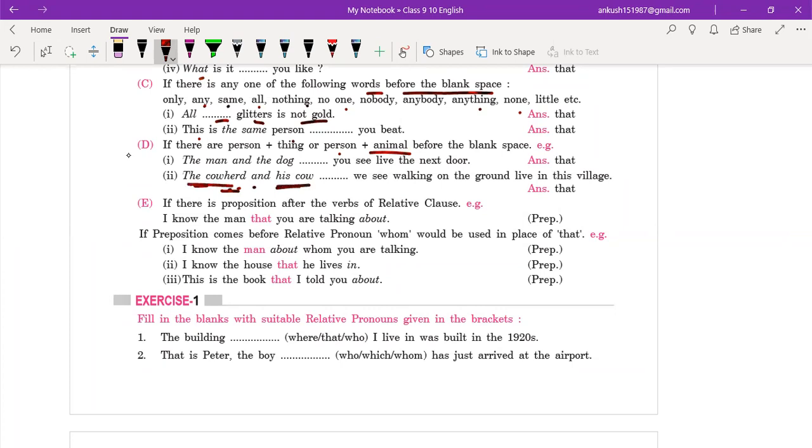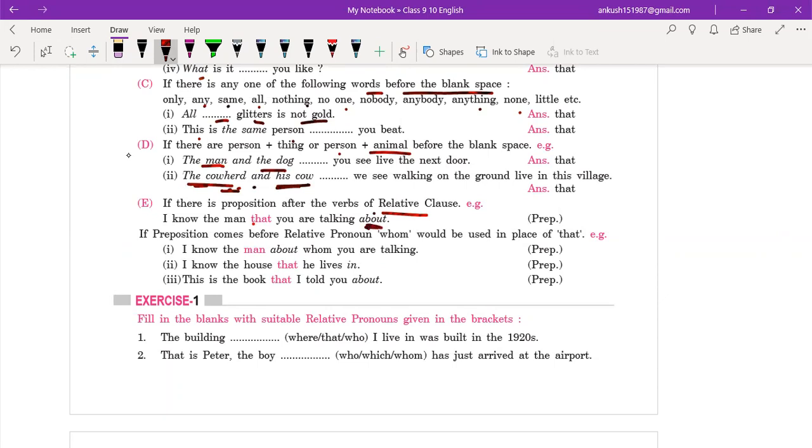Person plus animal. Even the thing can be used. If there is a preposition after the verb of the relative clause, like I know the man that you are talking about. See, about is used at the last.